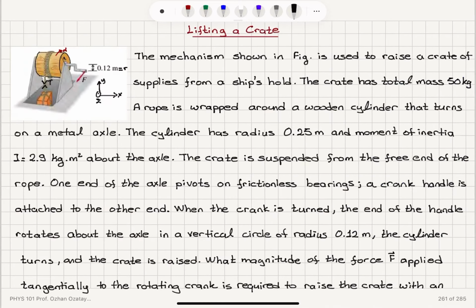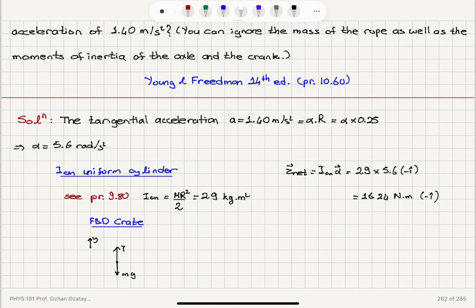Now, if I concentrate on the free body diagram of this crate, there's the weight of the crate and the tension acting on it. You can see these two forces, and the net force on the y-axis should be equal to the tension minus the weight mg, which is tension minus 50 kilograms times 9.8, and that is equal to mass times acceleration, 50 times 1.4.